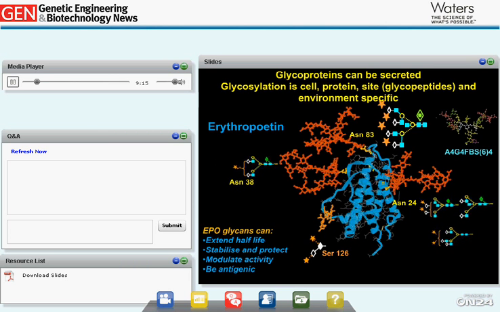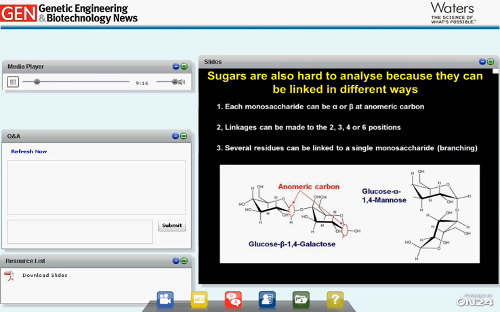So sugars are quite complex because of this macro and micro heterogeneity. They're also hard to analyze in their own right because two sugars can be linked together in several different ways. So they can be linked at the 2, 3, 4, or 6 positions. And the way in which they're linked together can either be above the plane of the ring or below the plane of the ring.